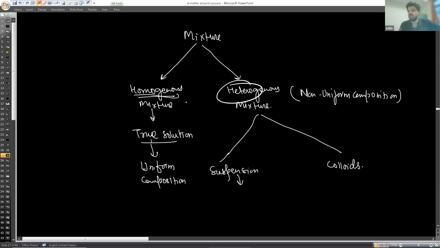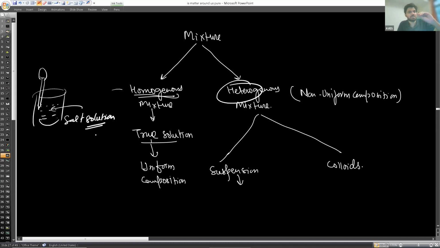They are going to have uniform composition. For example, you have a salt solution, and you take 1 ml of solution from it with the help of a tube and take the sample.